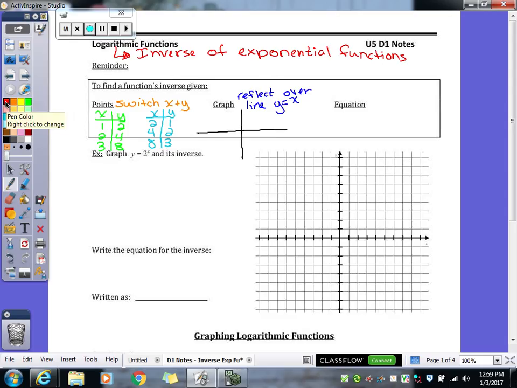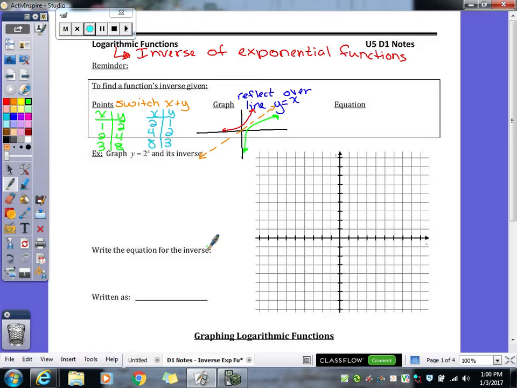I'll draw a little exponential graph on there, which is that little curvy guy. The line y equals x is that diagonal line that goes right through the origin. It has a slope of 1. So when you reflect it over that line y equals x, your graph ends up going over here.